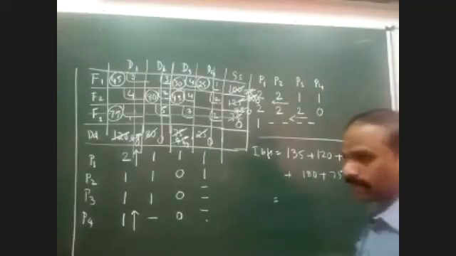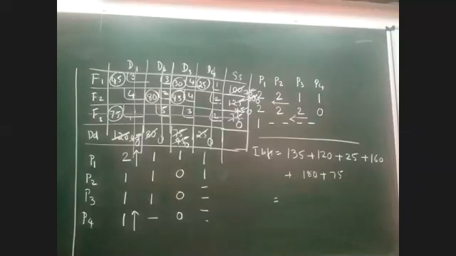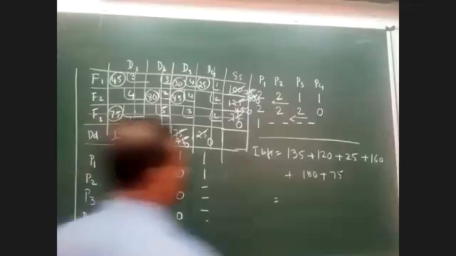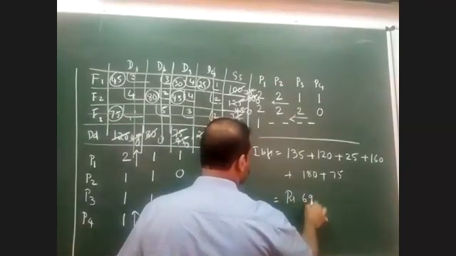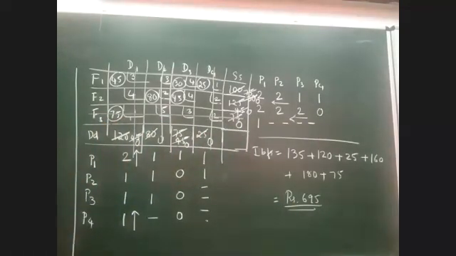Can you please add all these values into one answer? 695. So the answer would be 695. The initial basic feasible solution for this problem happens to be 695.